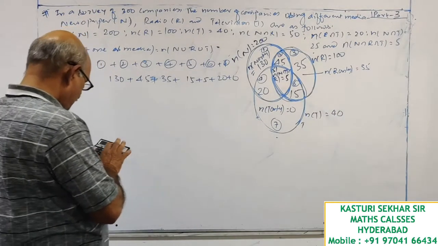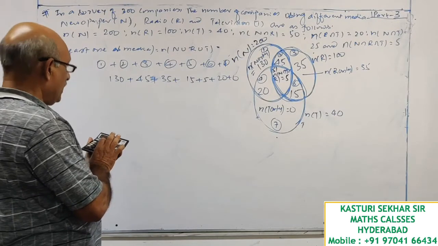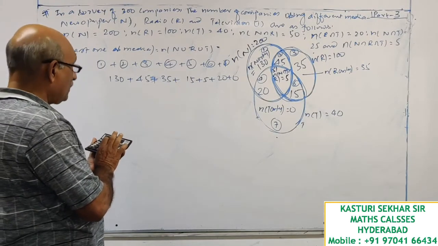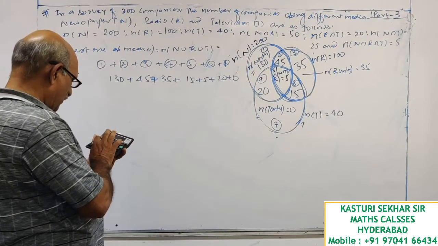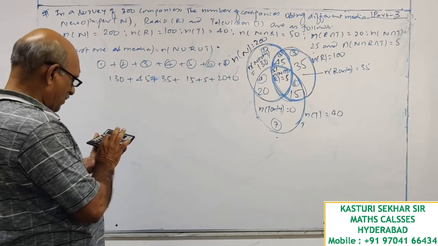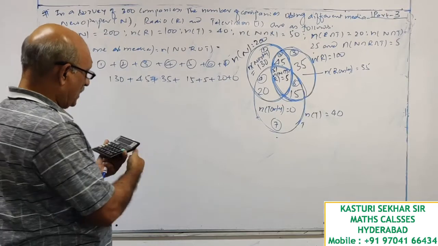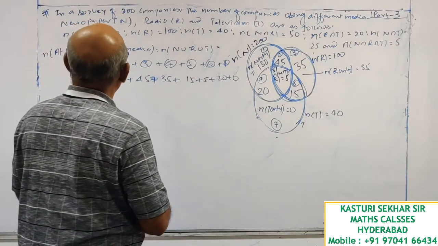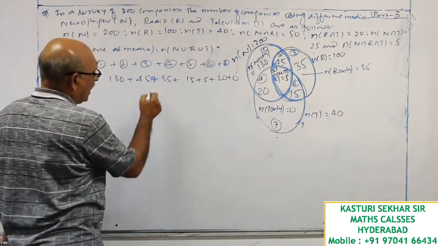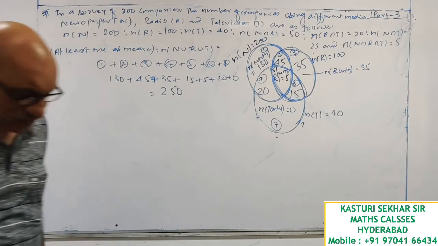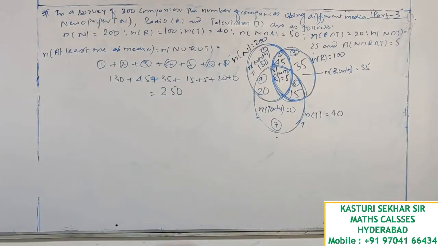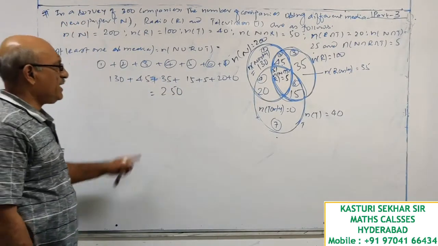So this is 250. Answer is 250: at least one as media is 250.